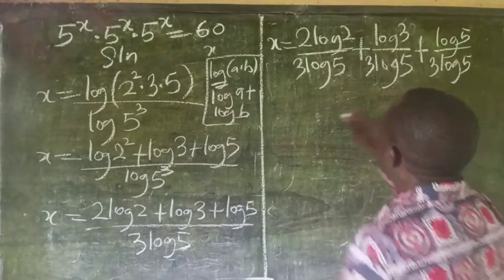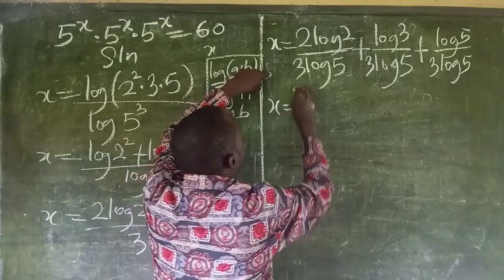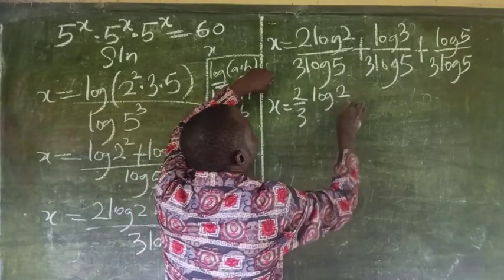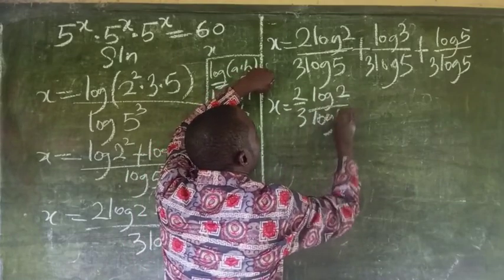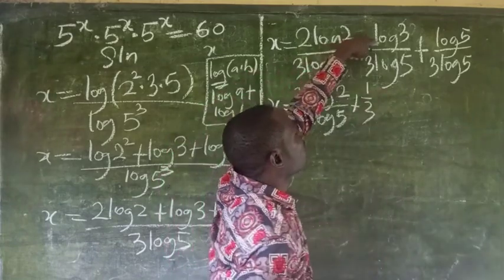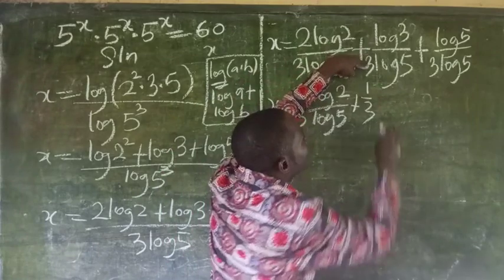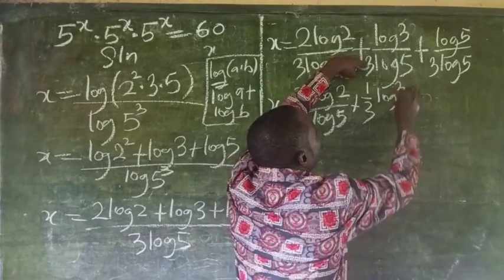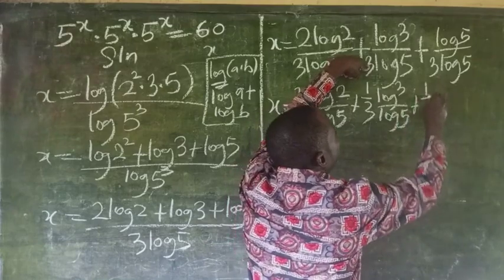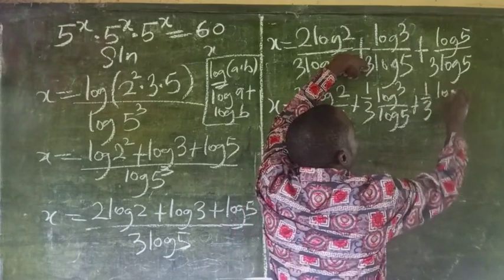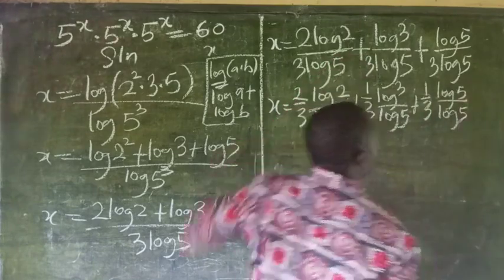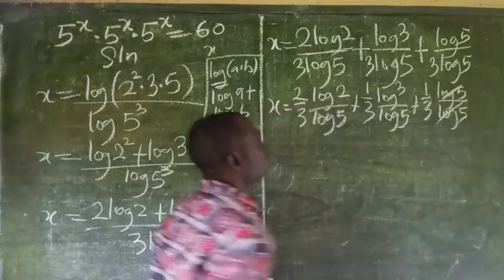And this can also be written as s equals 2 over 3 times log 2 over log 5, plus 1 over 3 times log 3 over log 5, plus 1 over 3 times log 5 over log 5. And obviously log 5 will cancel out.